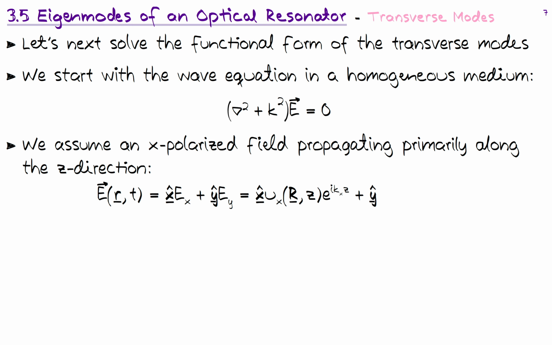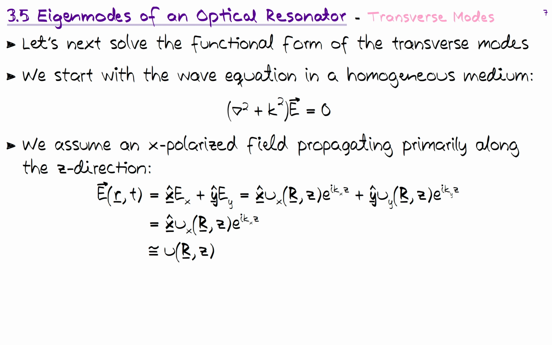In general, we could have both polarization components, with slightly different amplitudes and different propagation. But for simplicity, we are only interested in one polarization component. We can generalize things later if absolutely necessary, so we just forget the y-polarized component that could possibly exist.